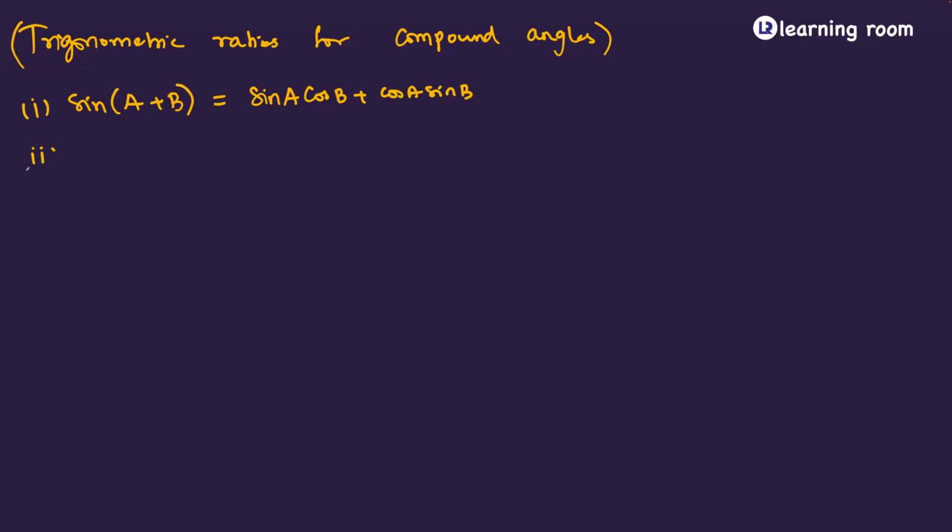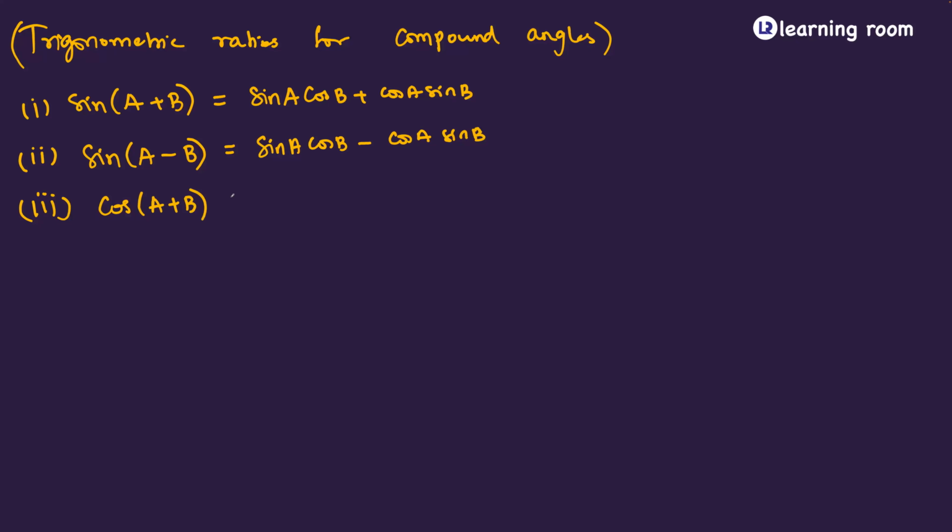Secondly, if I want sine of A minus B, it is given as sine A cos B minus cos A sine B. Similarly, if I look at cos of A plus B, it will be cos A cos B. Remember, when you have a plus here, you will have a minus here, unlike sine.